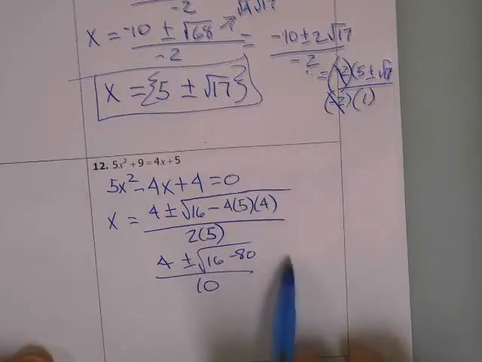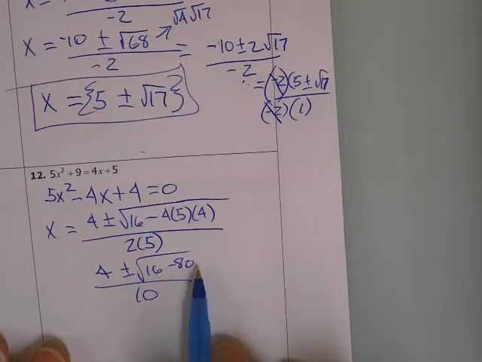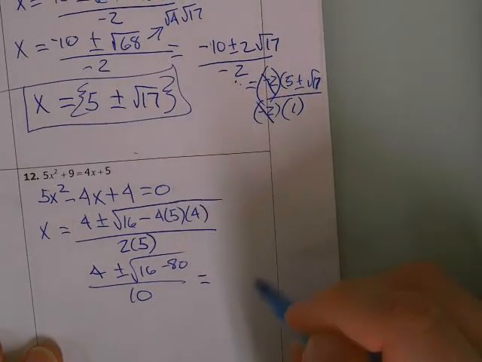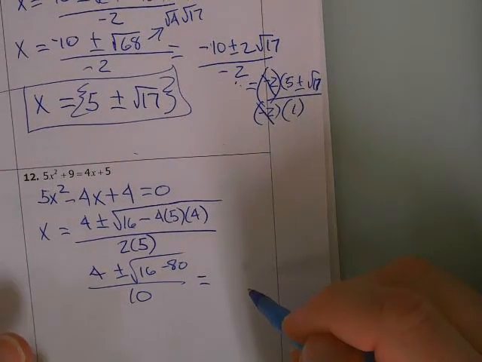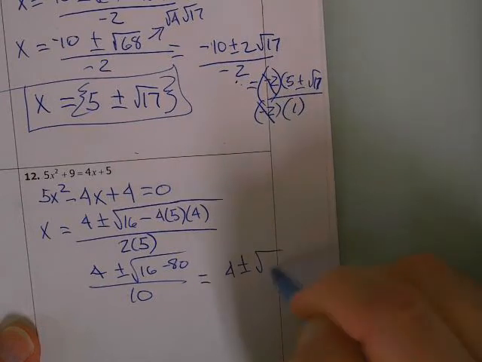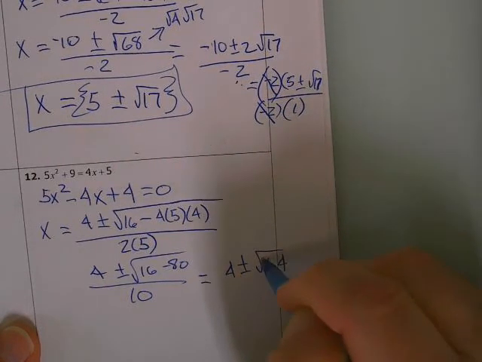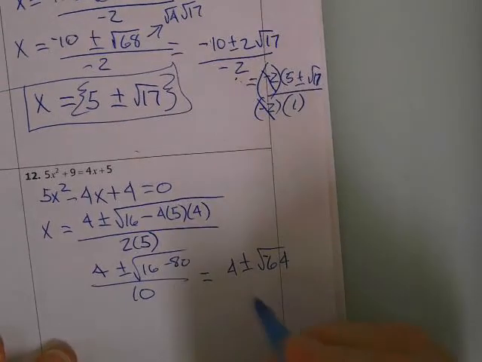So this is a negative number, okay? 16 minus 80 is going to give us negative 64. I'm sorry, negative 64. Just thinking of another problem. 4 plus or minus the square root of negative 64 over 10.